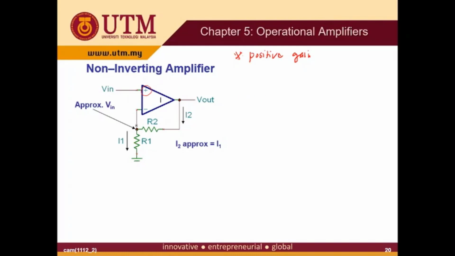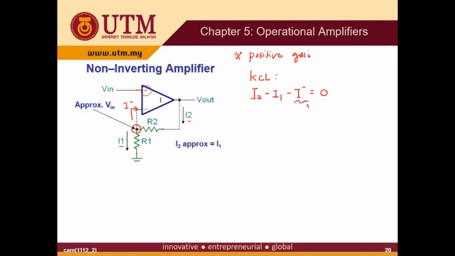So how do we analyze it? How do we get the equation for V out? We start with KCL at this node. The current I2 is entering, I1 is exiting, and I minus is exiting also, so the sum equals 0.